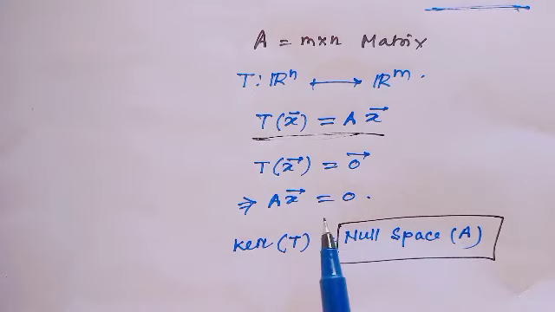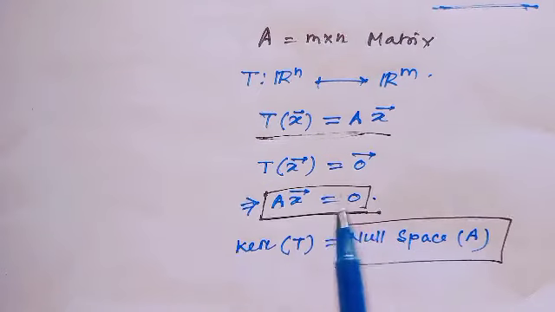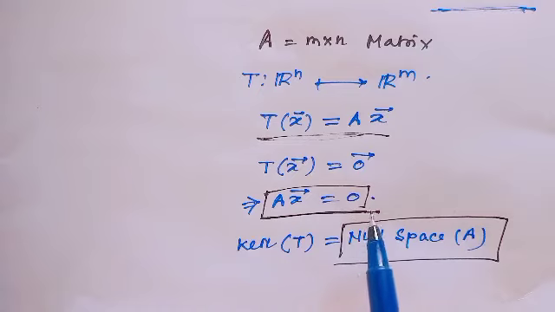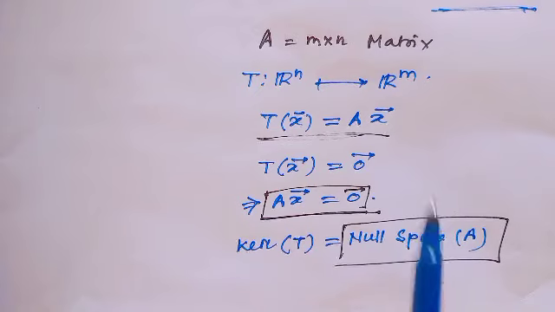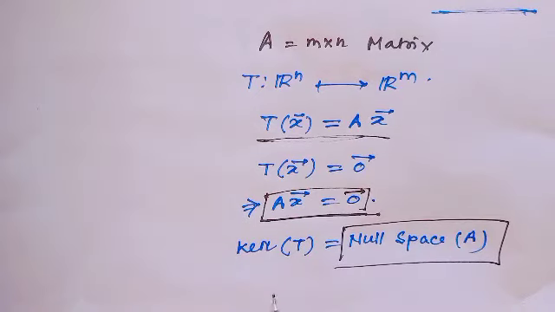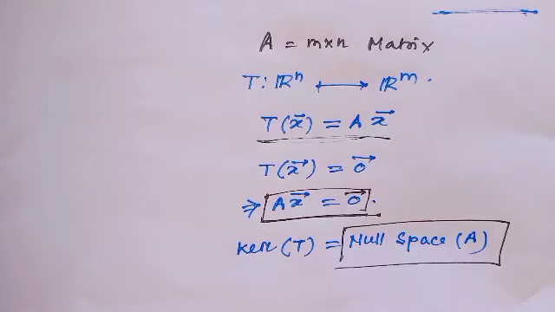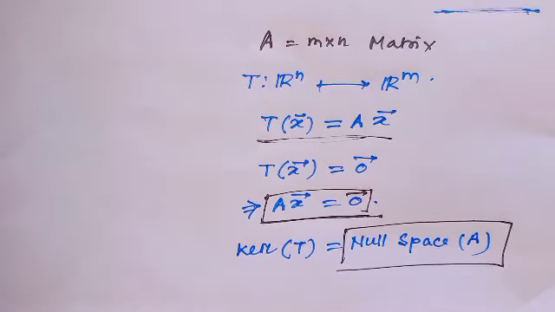That means Ax equals the zero vector. Ax equals zero vector means there exists a solution of this homogeneous equation, and all of us know this solution is called the null space of the matrix A. Therefore the kernel of this transformation is the null space of the matrix A.